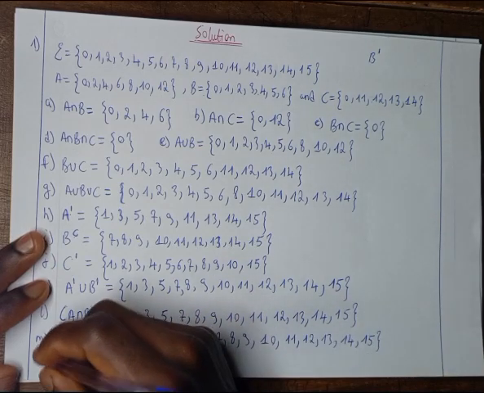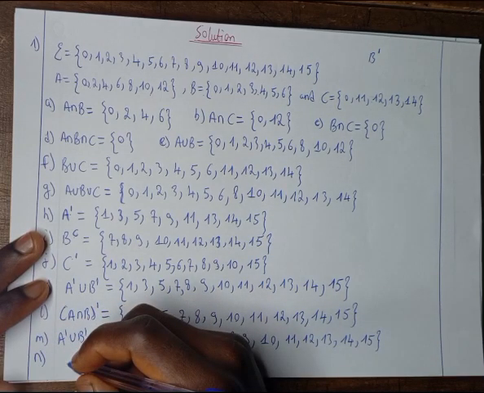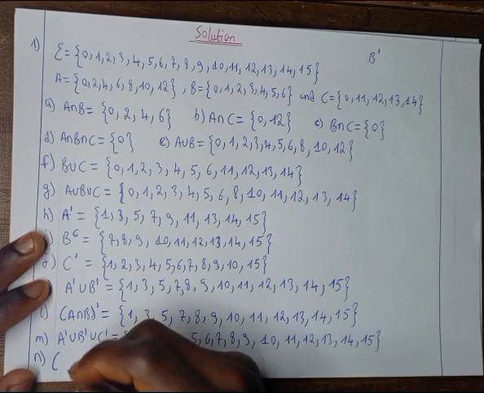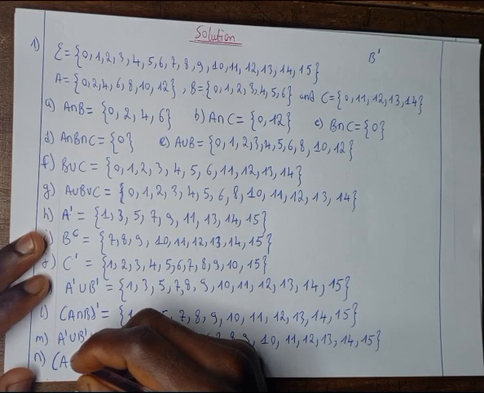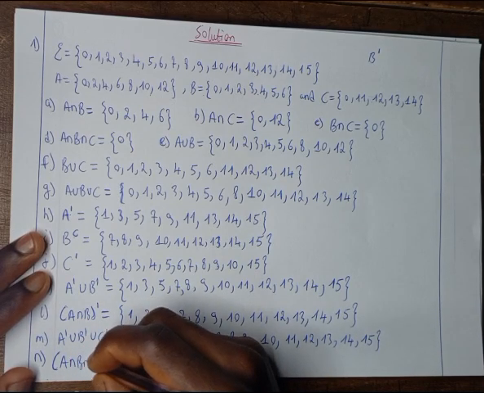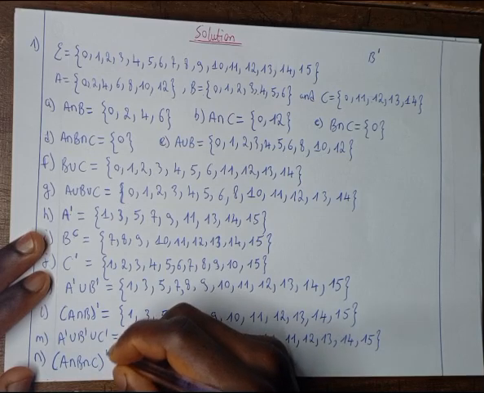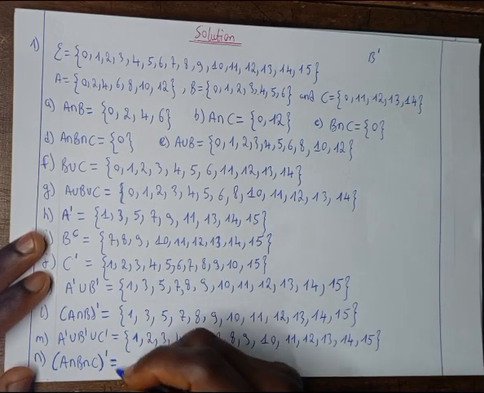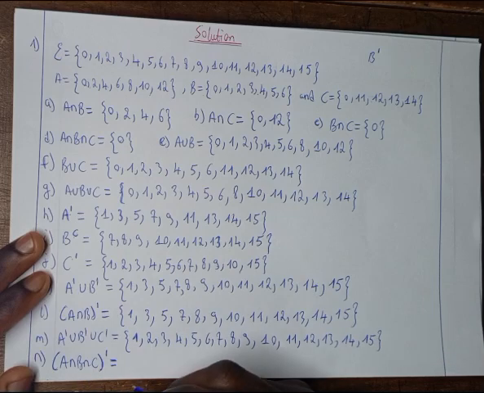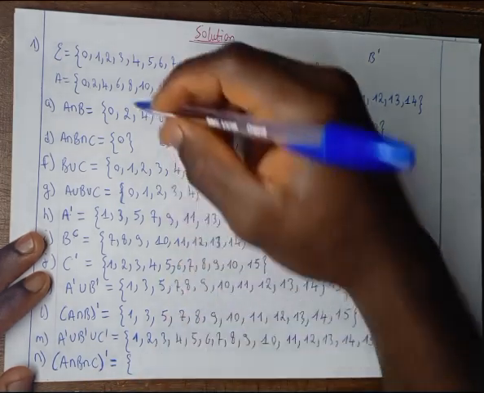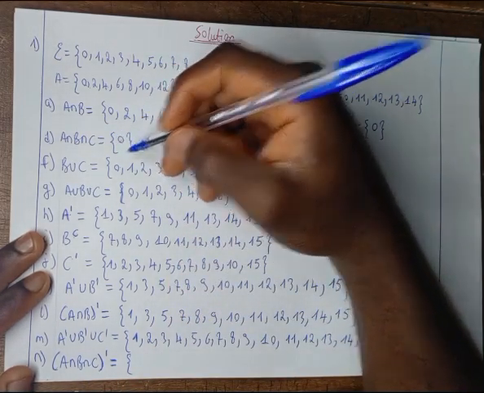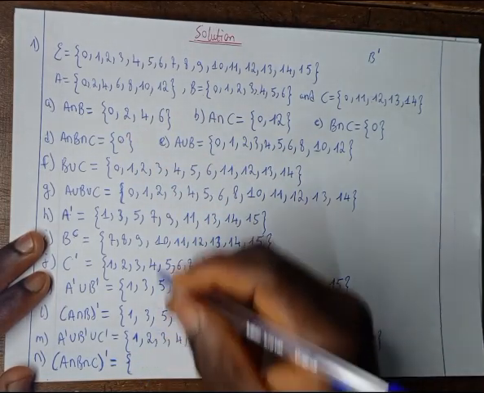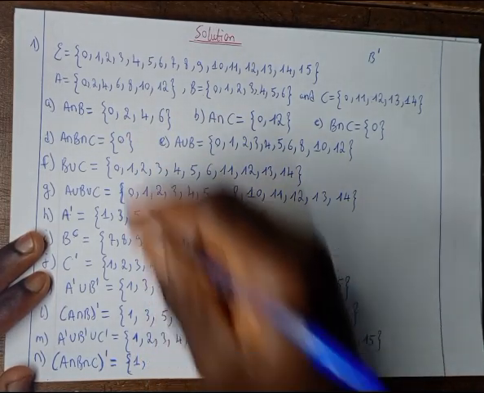We go now to N. For N, we have to write the elements of A intersection B intersection C complement. That means we have to write out those elements which are not found in the intersection of three sets. We know the intersection of the three sets is simply the element 0. So from 0, we have 1. 1 is not found here.